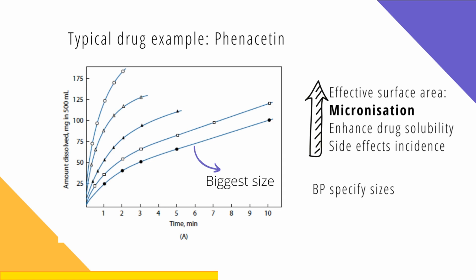However, we also need to note that the increase in drug solubility, which refers to an increase in bioavailability, could also increase the incidence of side effects because the concentration of the drug in the blood has increased. Therefore, in the formulary such as the British Pharmacopoeia, they actually specify the size range that is permitted for the particular drug.